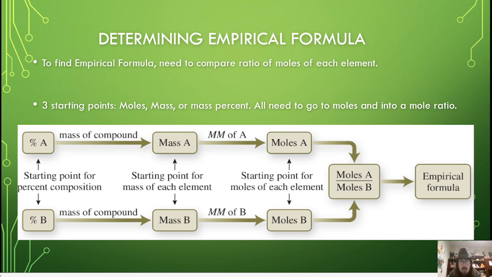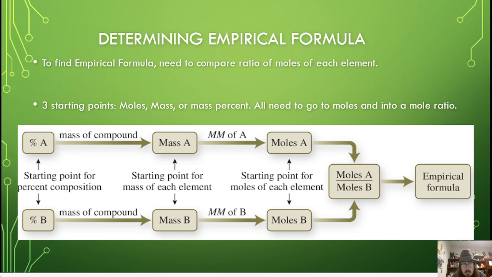Now we could start from one of three places and still go into moles. It is relatively easy if we start with moles: oh good, we can directly compare. What is more likely is we'll start at mass or percent by mass composition.